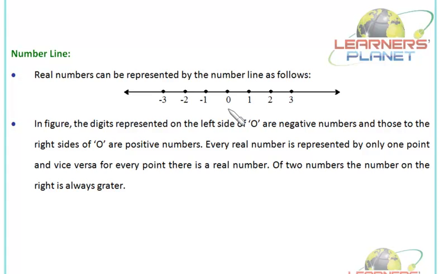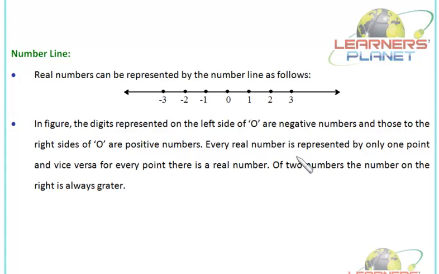So we have to be very careful. If we are talking about positive numbers, maybe they are integers, maybe they are real numbers, we have to arrange them on the right hand side of 0, and if the numbers are negative real numbers or integers, we have to arrange them on the left side of 0. Okay friends?